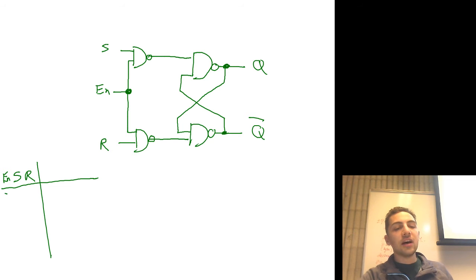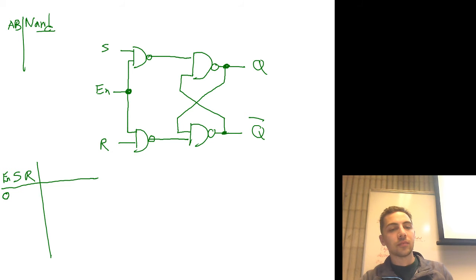So in the case of enable being 0, let's look at what happens. Just as a reminder, NAND gates are as follows. If I've got a 0 on enable, regardless of the inputs S and R, what am I going to have on these two controls here?